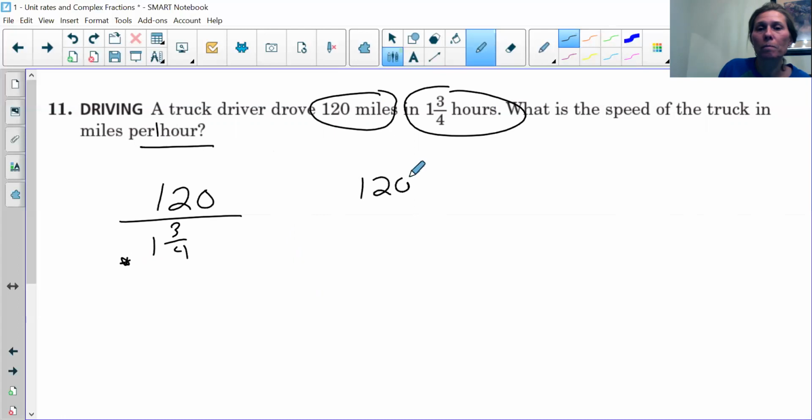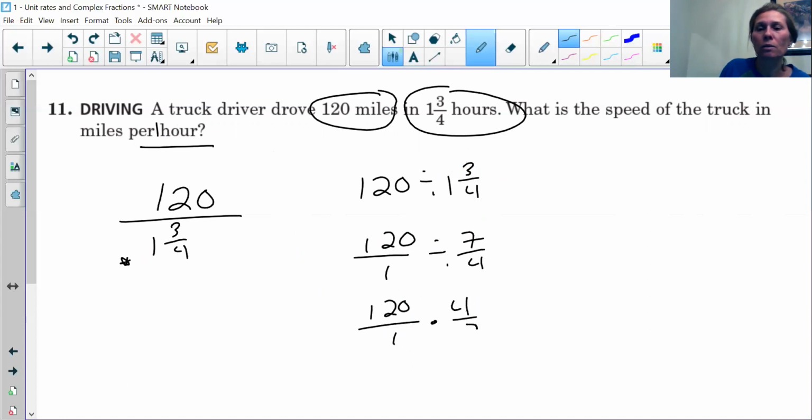So 120 divided by 1 3/4. So 120 over 1 divided by 7 over 4. I've got a SOAR: 120 over 1 times 4 over 7, which gives me 480 divided by 7, right?